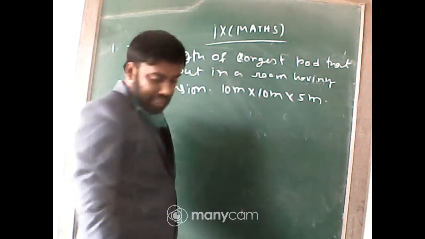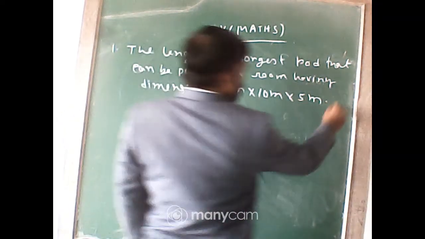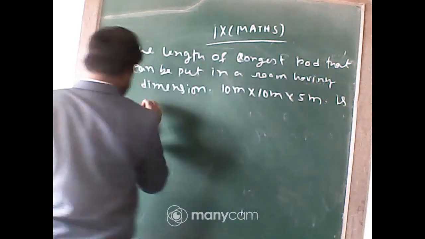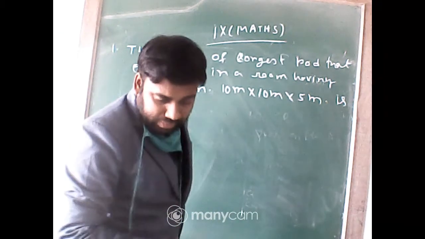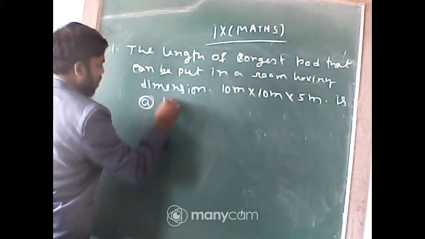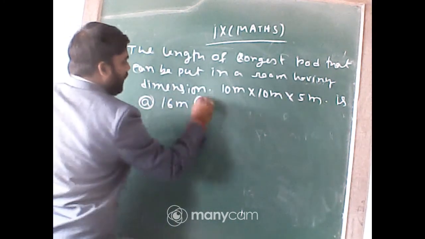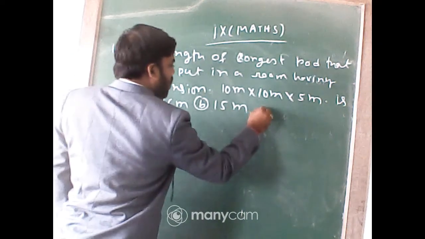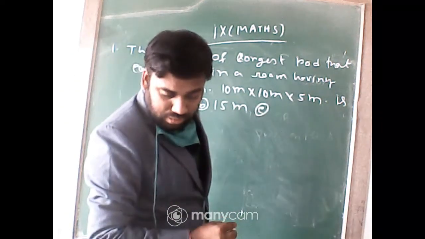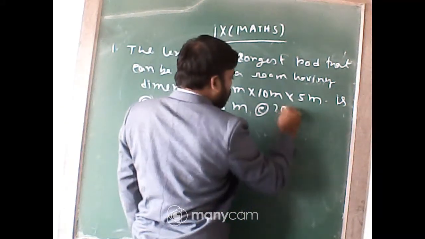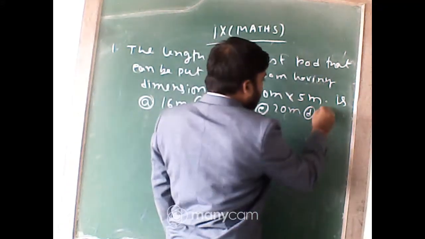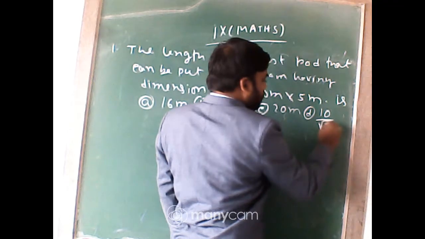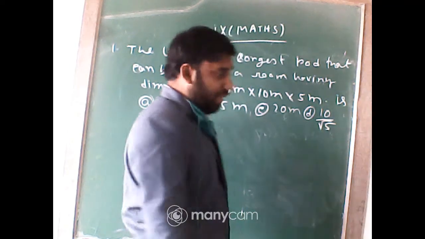Option A, that is 16 meter; option B, that is 15 meter; option C, that is 20 meter; and option D, that is 10 by root 5 meter. Okay, solve it quickly.